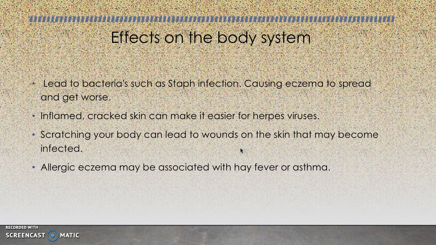If a staph infection spreads, then antibiotics will need to be used for treatment. And when your skin is inflamed and cracked, and your stratum corneum isn't providing protection from harmful diseases, that's when the herpes virus becomes easier for people to catch.